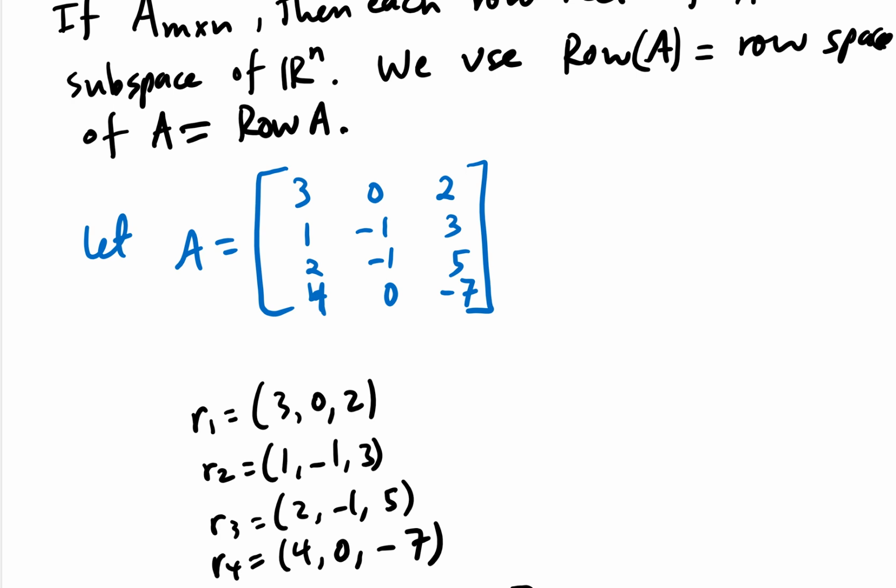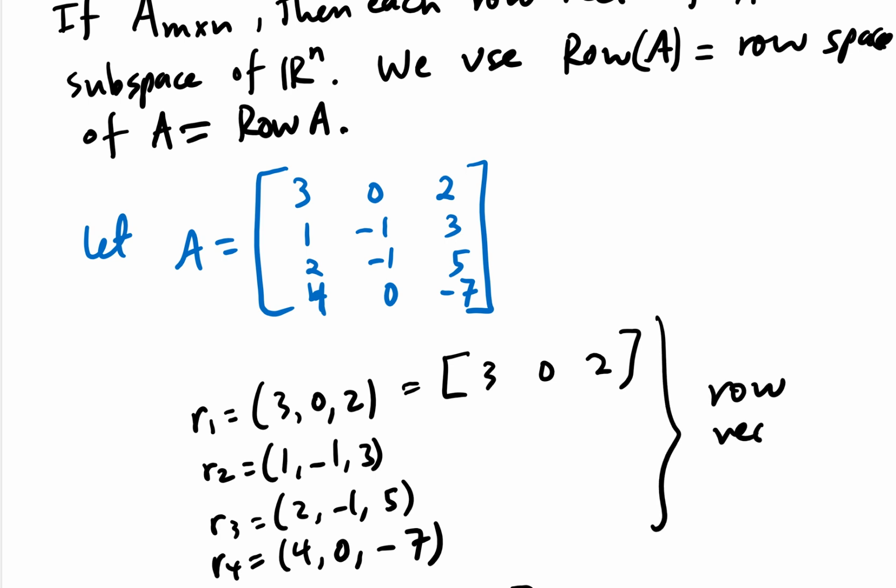Some people use a different notation, but if you see it somewhere else with a different notation, it means the same. So these are row vectors of matrix A.